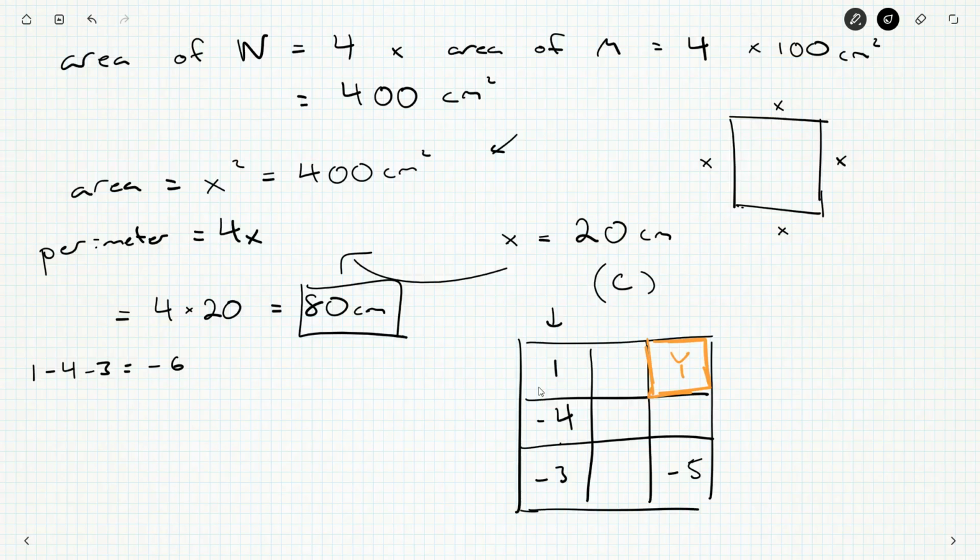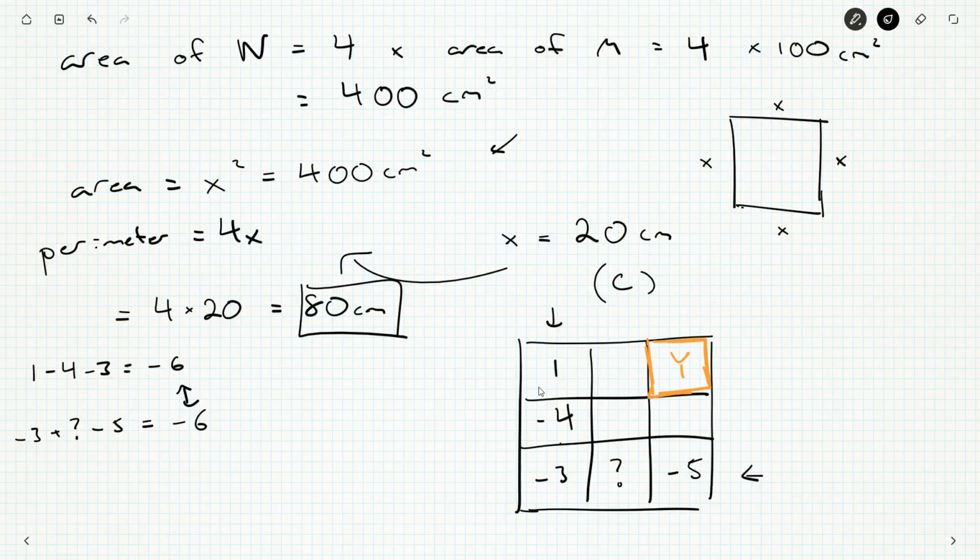Now what we usually do is pick other rows and columns that are almost complete, but not quite. Like this bottom row has -3 plus something plus -5. And that's got to be equal to -6, because it's the same sum in every row, column, and diagonal.